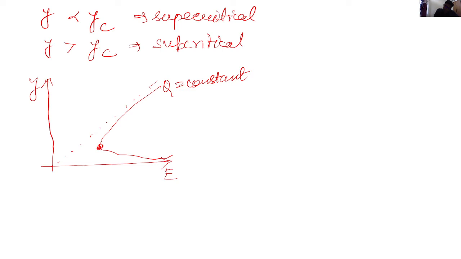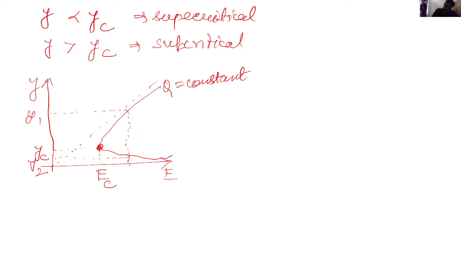The minimum energy on that curve will be the critical energy, and the depth corresponding to that will be the critical depth. And for the same specific energy, you will observe two different depths, y1 and y2, right? These two are the alternate depths.